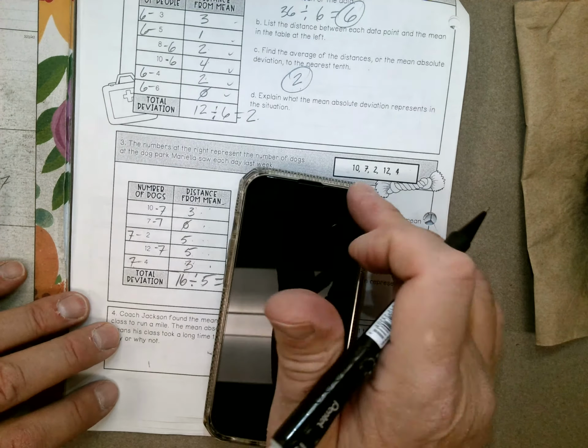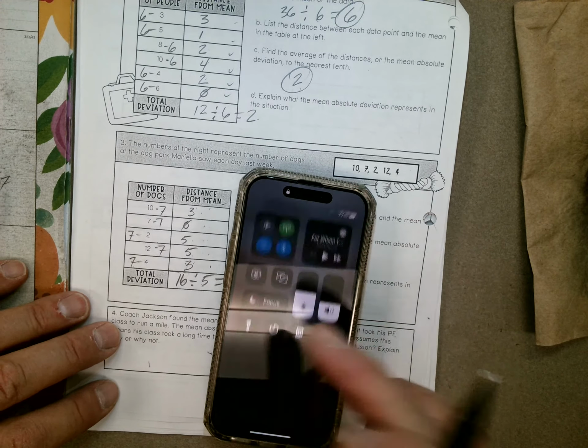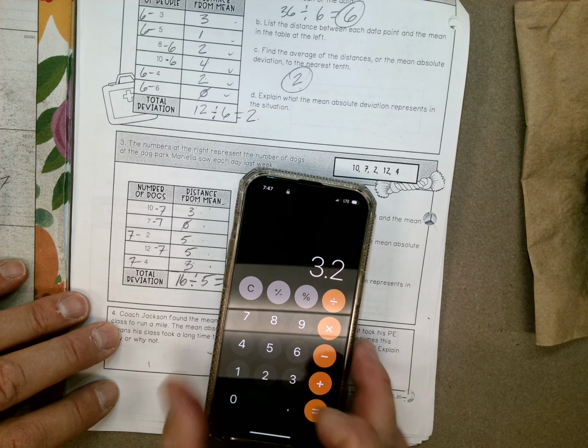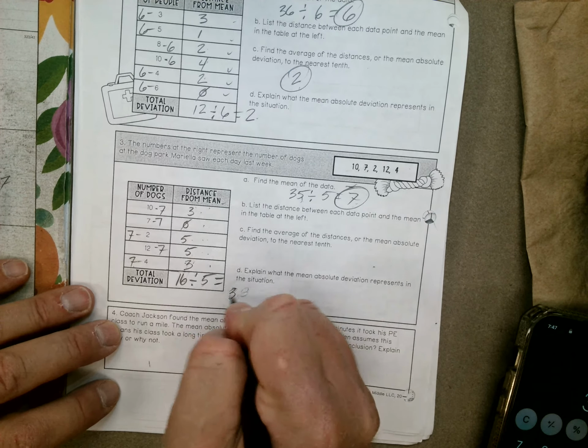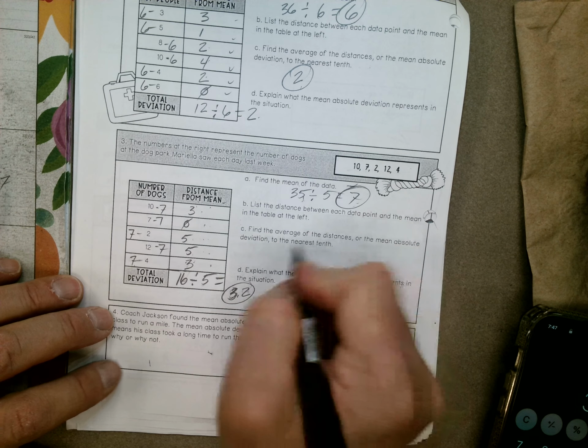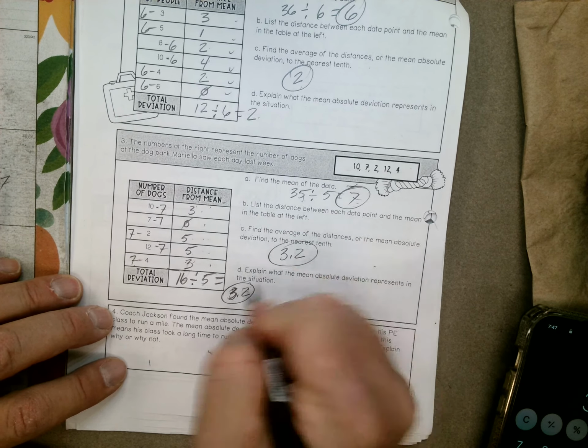Now let's try that again. That's just a mistake that I made, and it happens. No biggie. 16 divided by 5 is 3 and 2/10. That's what the book says. So the mean absolute deviation is 3 and 2/10.